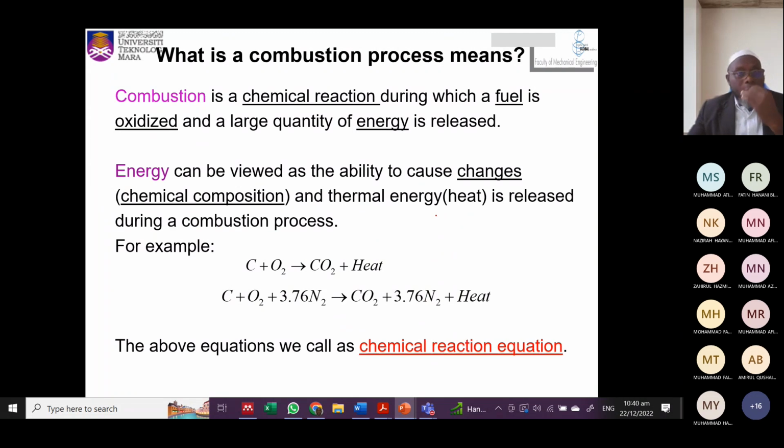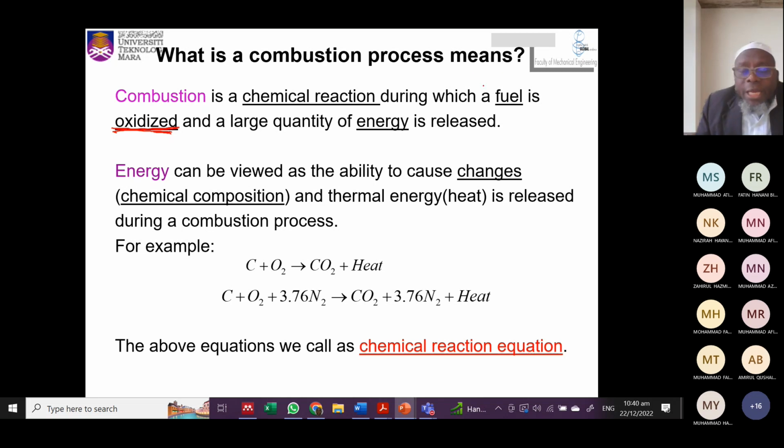Now we come to what the combustion process is. Combustion is a chemical reaction during which a fuel is oxidized. Oxidation is the process of adding oxygen to a particular species, so it's a reaction between oxygen and another compound.